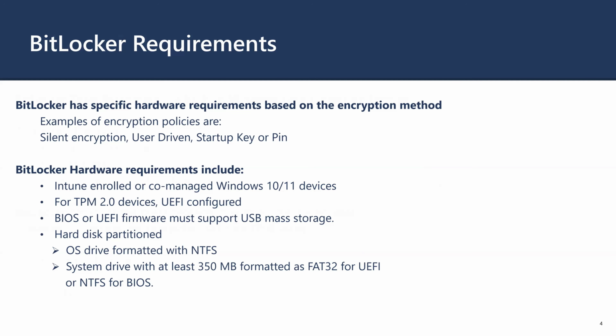And then there are some BIOS and UEFI firmware requirements. If you're talking about USB mass storage, there are certain requirements. All these prerequisites keep changing based on the operating system version also. There's a lot of difference between Windows 10 and Windows 11.